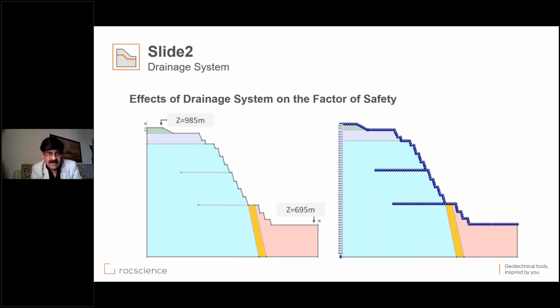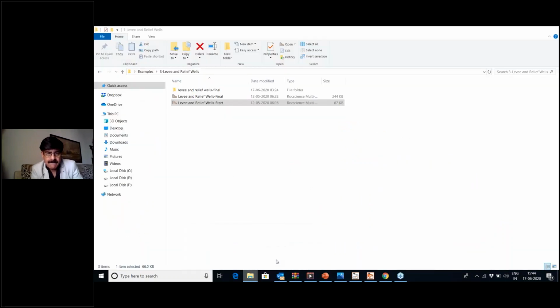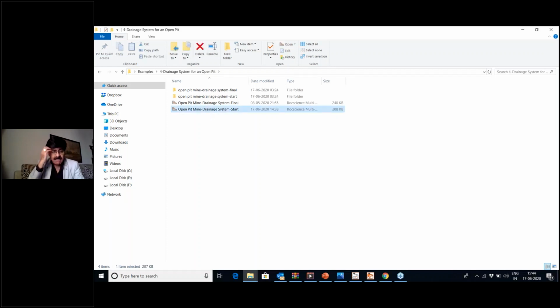Here you have the constant head on this side of the open pit, and this side of the open pit is the dry area, the working area in the pit, and on this side the water is there, the constant head. And so let's go to the examples again. And we go to this example, drainage system in an open pit, and we start the program.